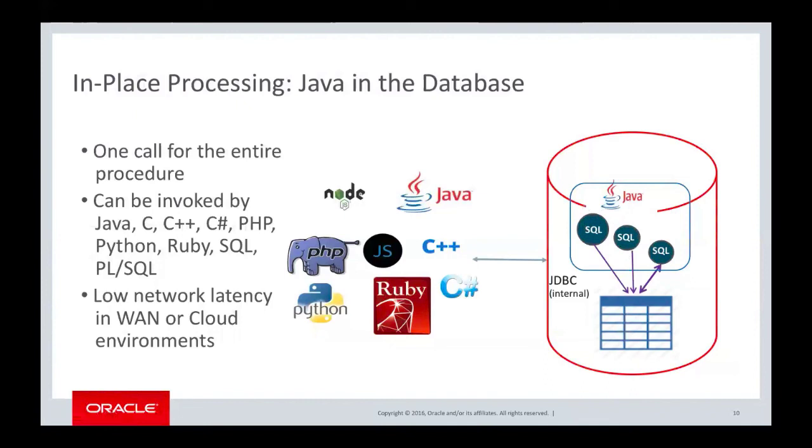For example, if you plug in a Soda for Java API, you can do fluent programming to manipulate JSON documents in the database. Or if you plug in Hadoop code, we have done it but not published it, we can process Hadoop mapper or reducer directly in the database without going out.